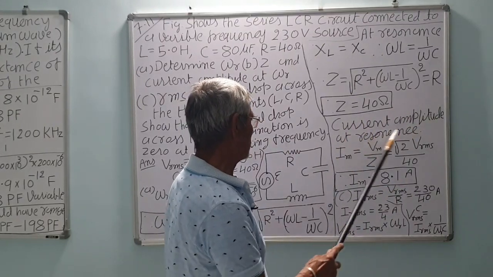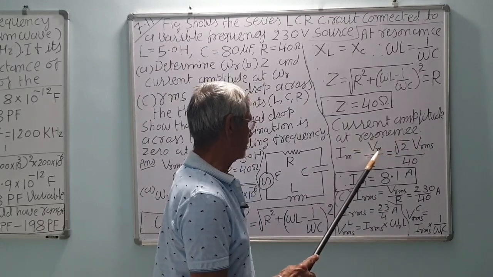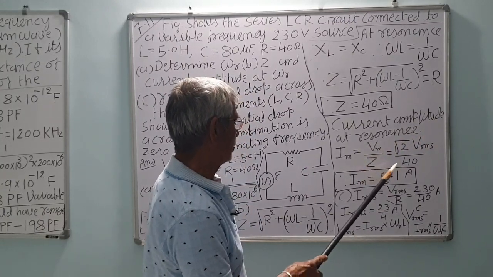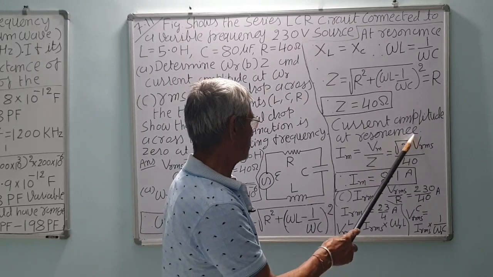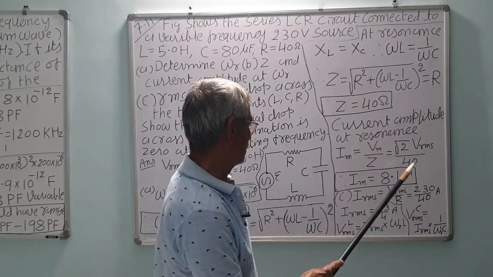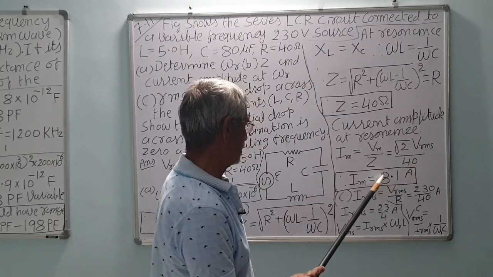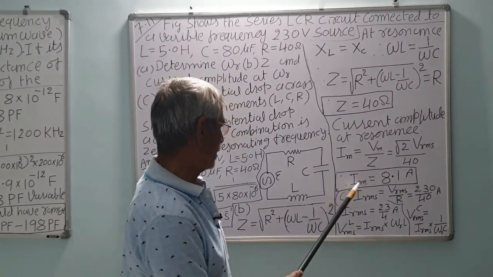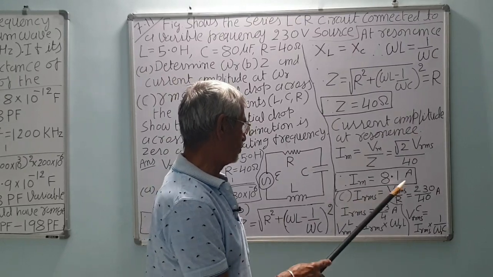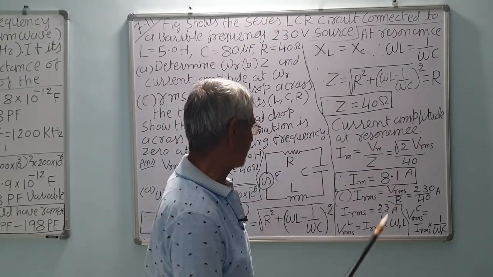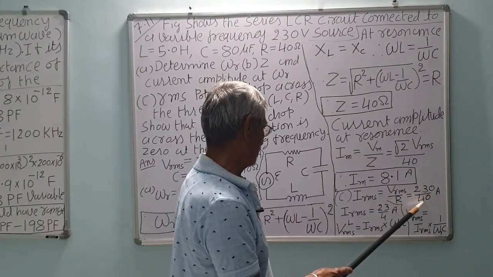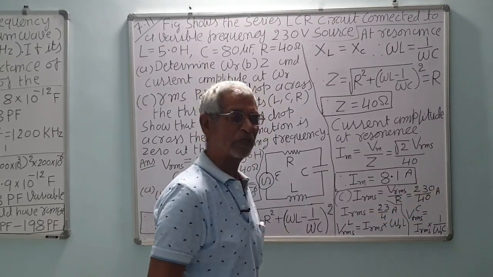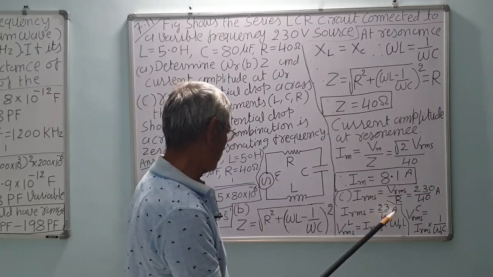The current amplitude at resonance is the maximum voltage upon Z, that is under root 2 times Vrms upon 40, that is 8.1 ampere. Now Irms is Vrms upon R, Vrms is already given, 230 upon 40, that is equal to 23 upon 4 ampere.